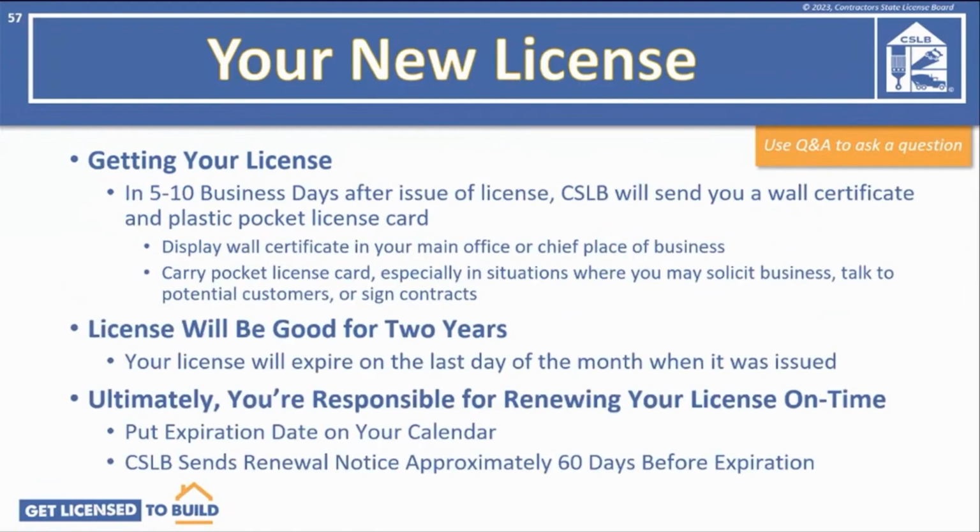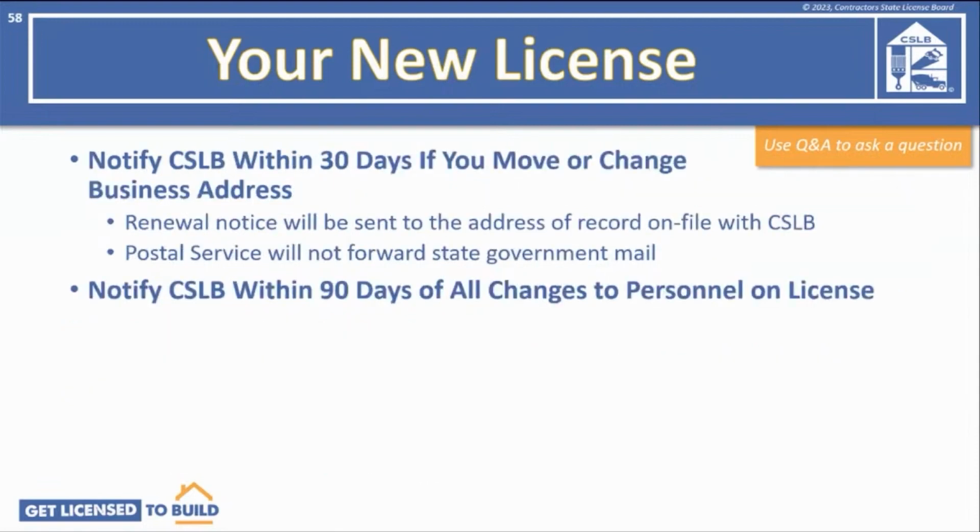Once you get your license and get to work, you might want to hire someone as a salesperson to solicit, sell, and negotiate home improvement contracts on your behalf outside of your place of business. These people are called home improvement salespersons, or HIS.